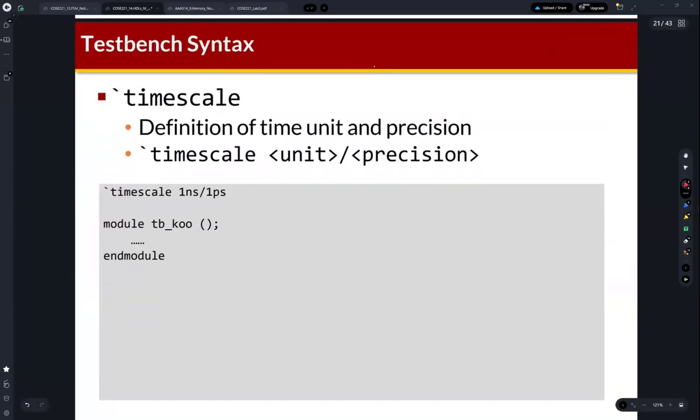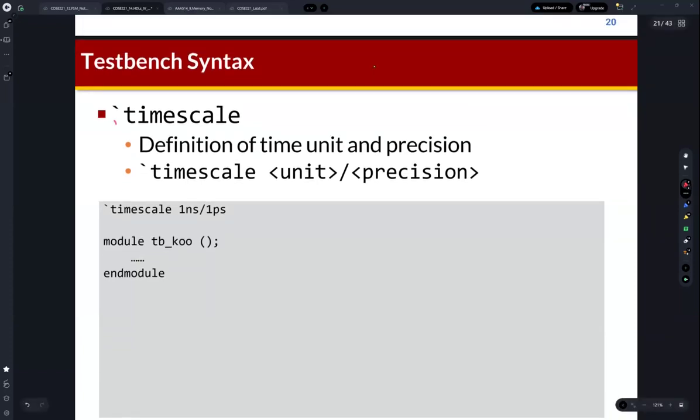I will continue teaching several syntaxes of SystemVerilog for designing test bench modules. You can find the timescale, but I believe you are familiar with it, because I already explained the meaning of the timescale. The timescale primitive defines the time unit and time precision. Firstly, you can define the unit of time.